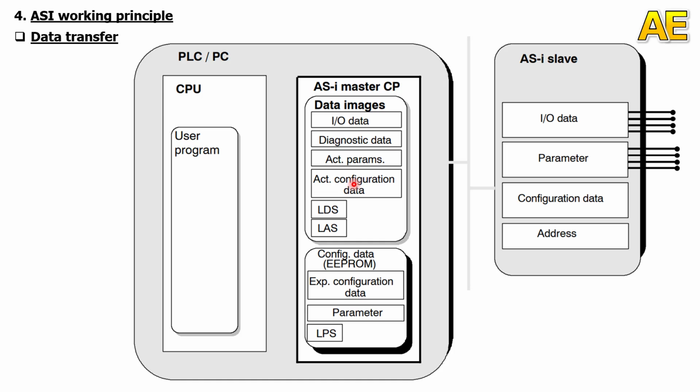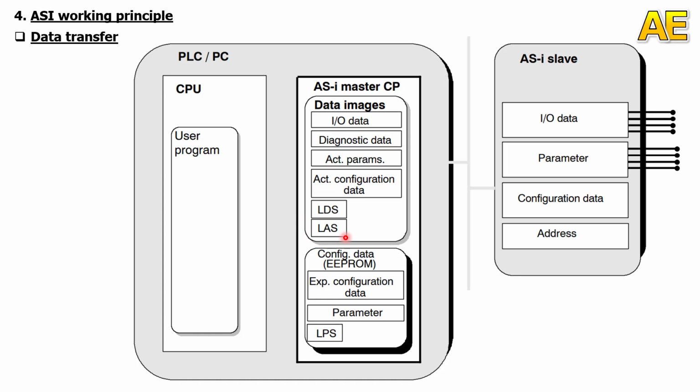Next one is about the LDS here. LDS stands for list of detected slaves. The LDS specifies which ASI slaves were detected on the ASI bus. And next one, the LAS here.